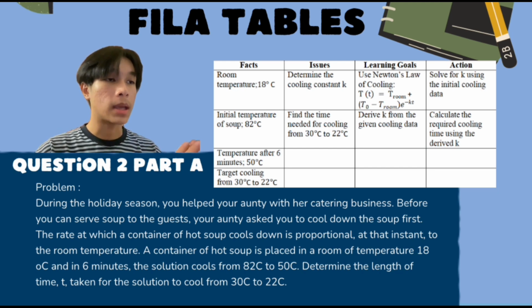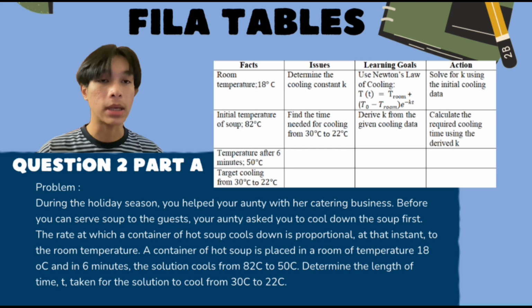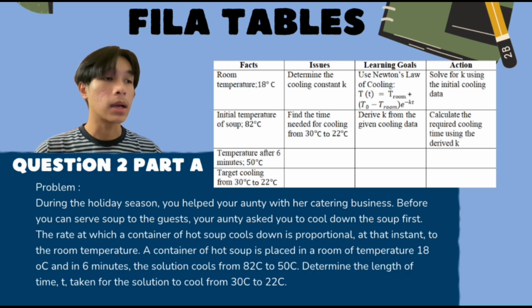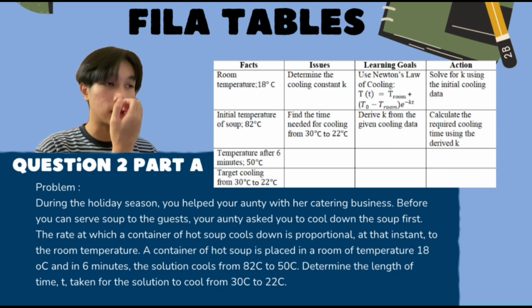In this table, you can see the facts about the room temperature, the initial temperature of the soup, the temperature after 6 minutes, and the target cooling of the soup. The issue is to determine the cooling constant, which is K, and to find the time needed for the soup to cool from 30 degrees Celsius to 22 degrees Celsius.